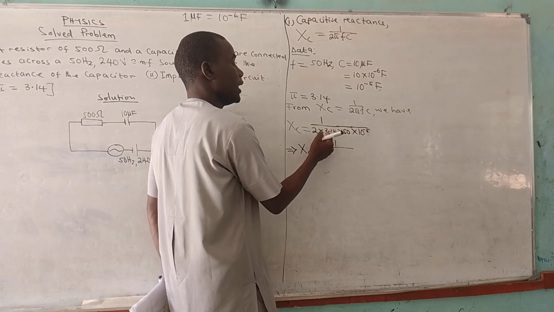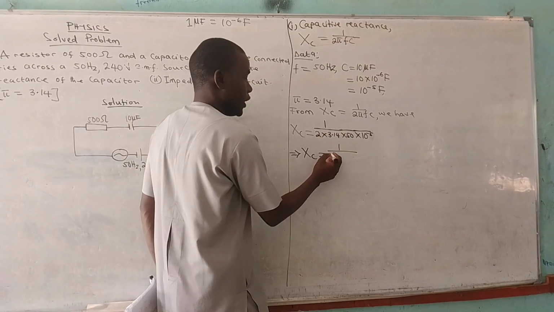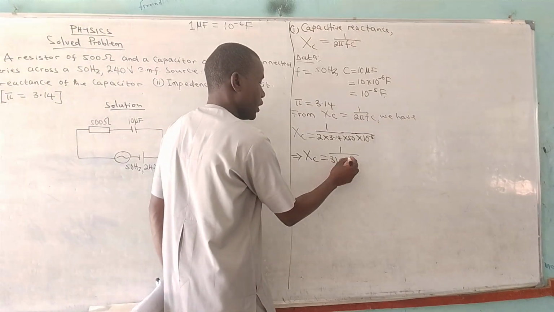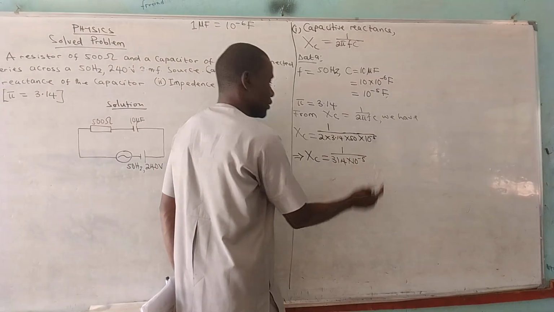It will give us 314. We have 314 times 10 to the power minus 5.